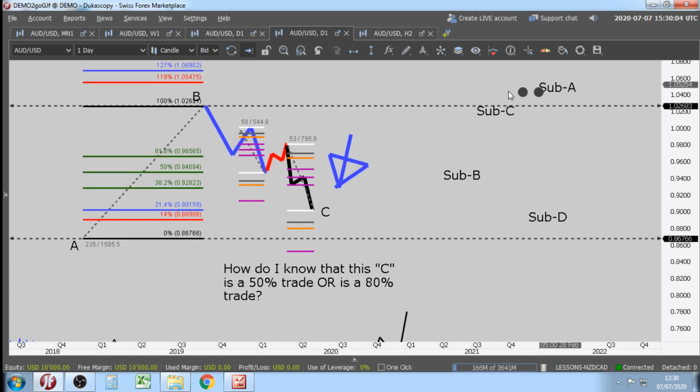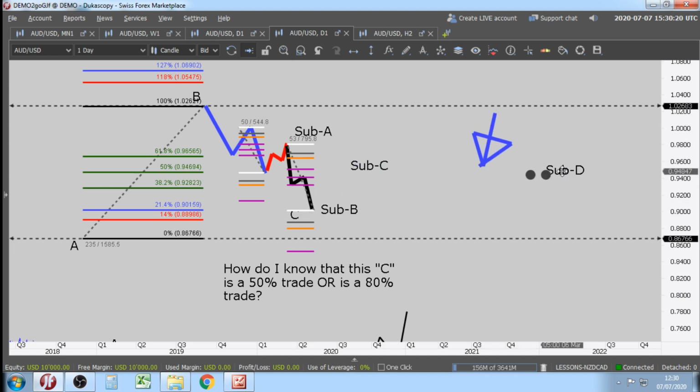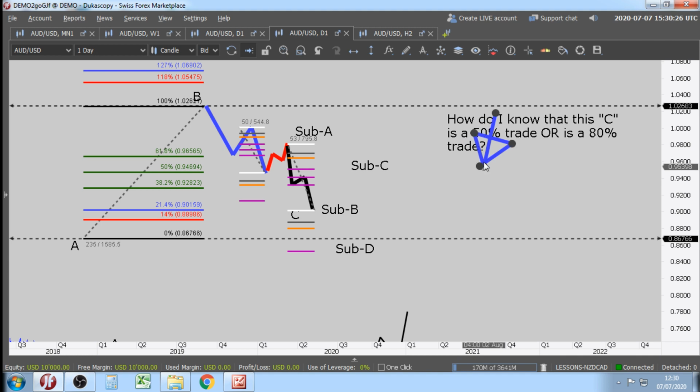Let's delete sub A, sub B, sub C, sub D, right? This is my C, and I have my sub A's here, sub B's here. I'm going to have my sub C somewhere in between, but my projected sub D is down in here. So I have the same question.